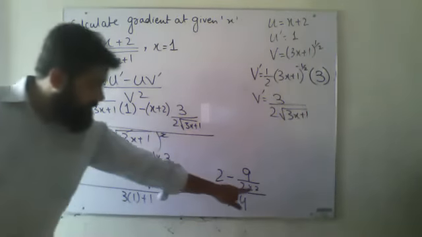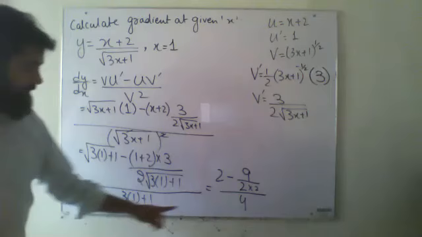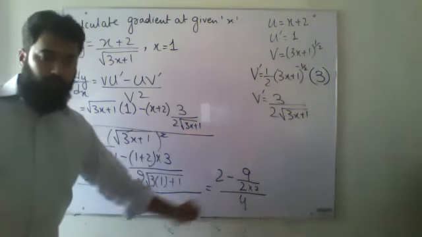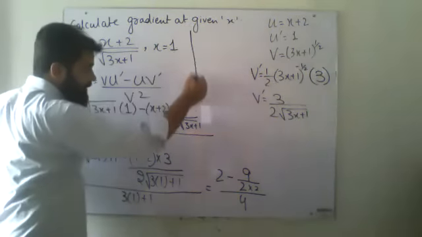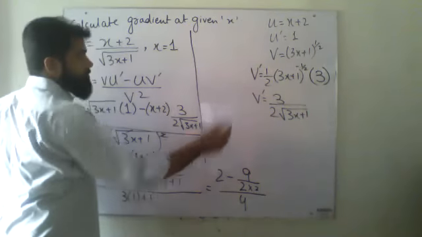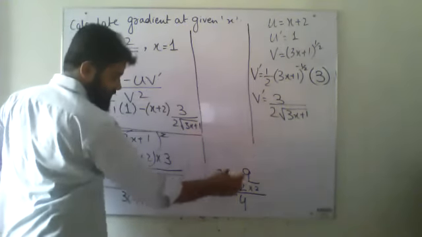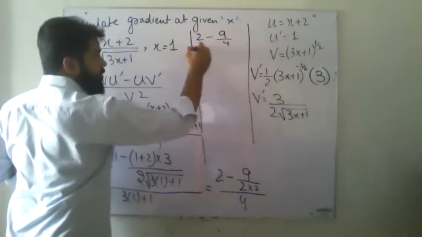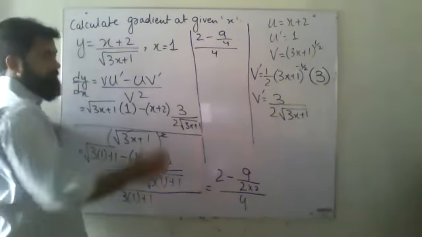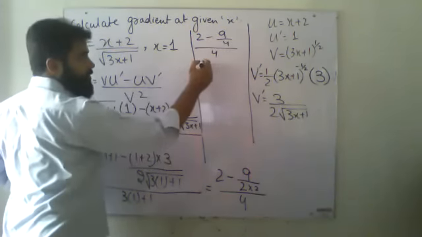Simplification of this one will be again 2, and simplification of this one will be 4 over here. After this, I am solving it on the top. Two minus 9 over 4, upon 4. Simplify it.